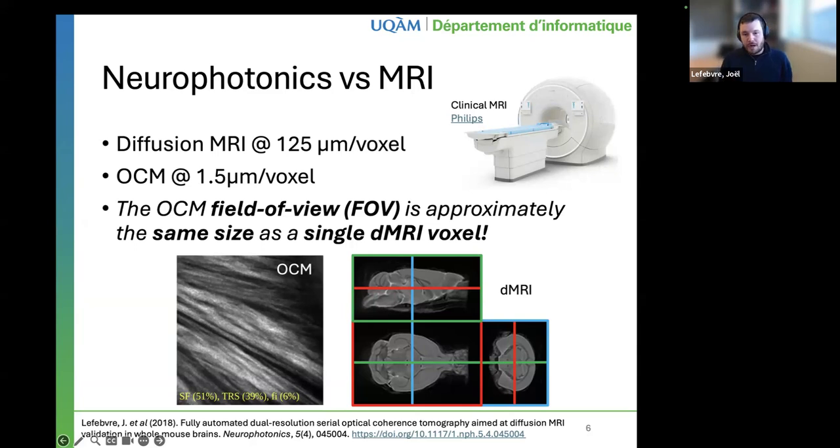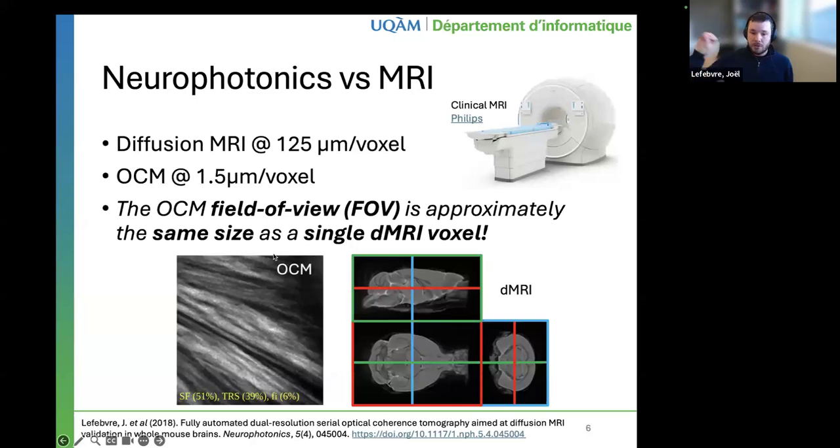These were acquired with ex vivo mouse brains. What I'm showing here is the B0 template for the brains we imaged during my PhD. Every voxel here is isotropic at 125 micron. For the same experiments, we also acquired the same brains in 3D with what we call the OCM, the optical coherence microscope.